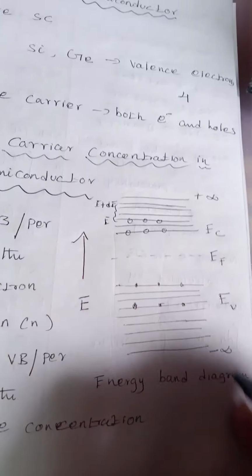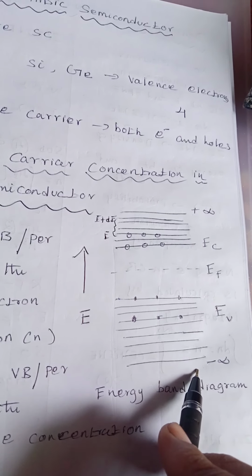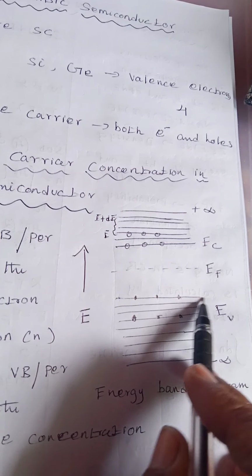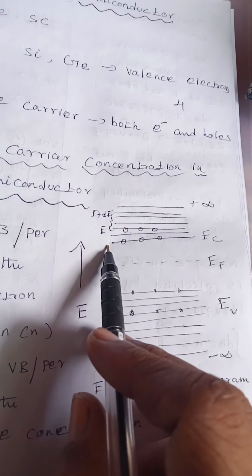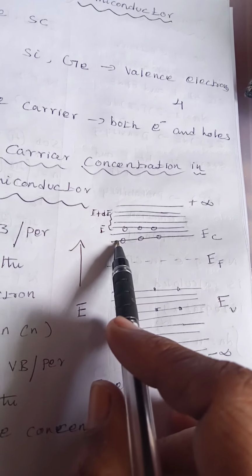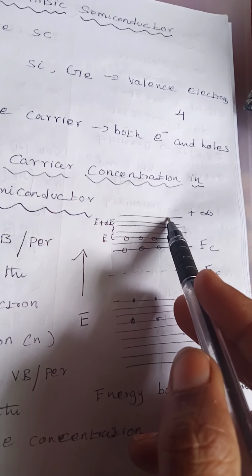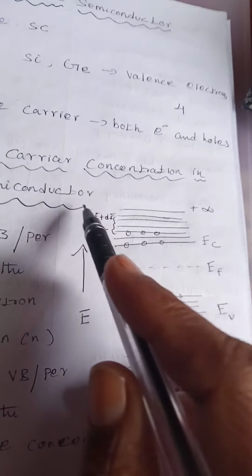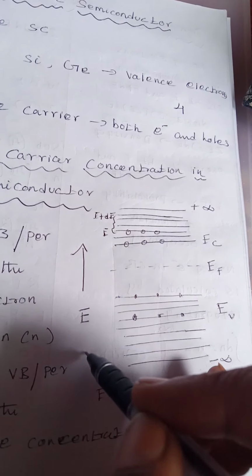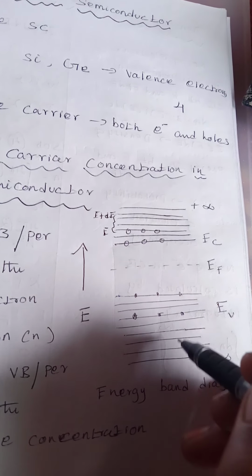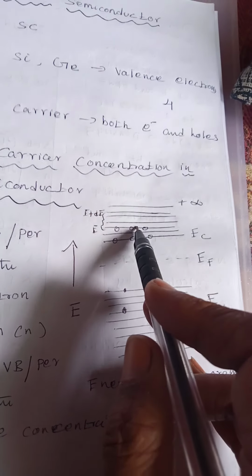Minus infinity is the lowest energy level in the valence band, EV is the highest energy level in the valence band, EC is the lowest energy level in the conduction band, and plus infinity is the highest. The y-axis represents energy, and this is the Fermi energy level, which is in between the valence band and conduction band.